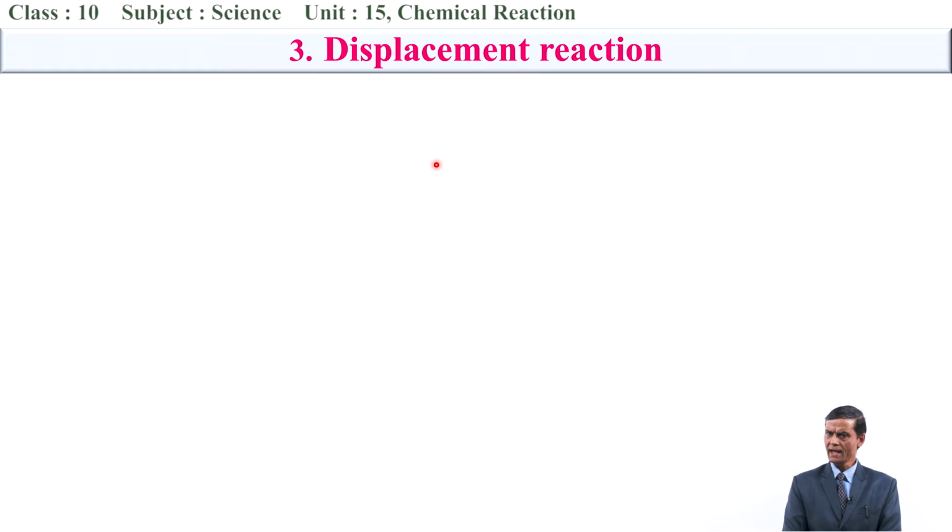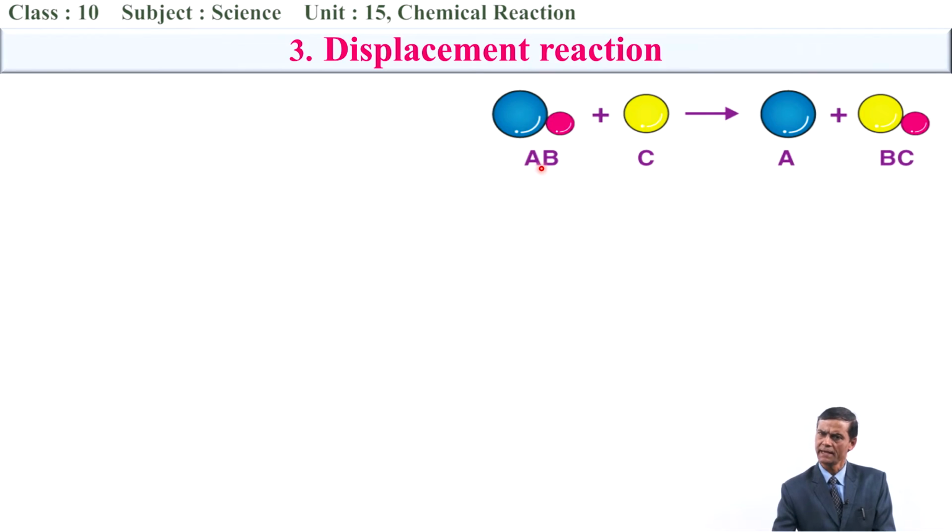Now we are going to discuss displacement reaction. Dear students, what is displacement reaction? What does it involve? Look at it. One diagram. Here is AB compound, isn't it? AB is a compound. C is another substance. It will be an element, isn't it? Maybe metal or non-metal or any element. But here, in the AB and C, the reaction will be like this.